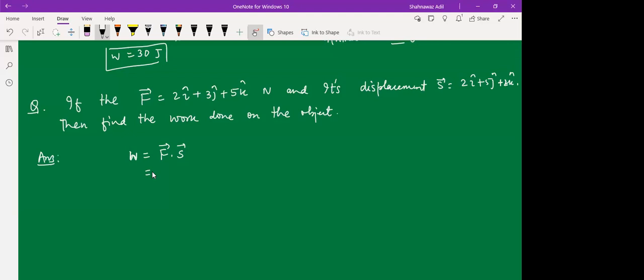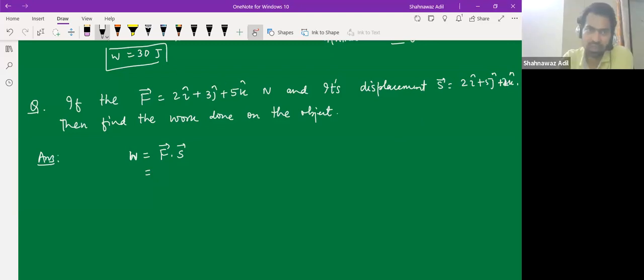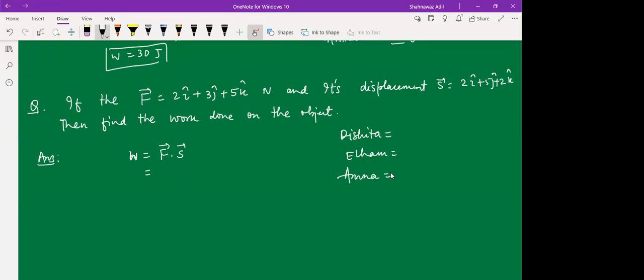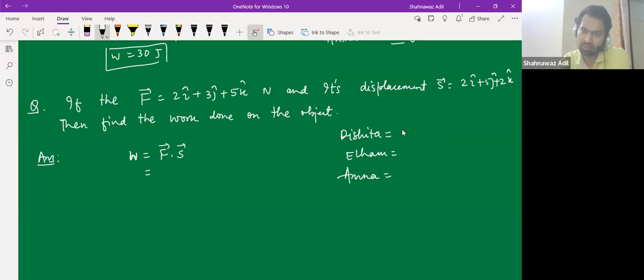So in displacement, the value of k hat is 2. So this is dot product. Why do we have to take the dot product? So in dot product, only x with x, y with y, z with z. That is how we calculate. Sir, I got 29 joules. 29. Okay.